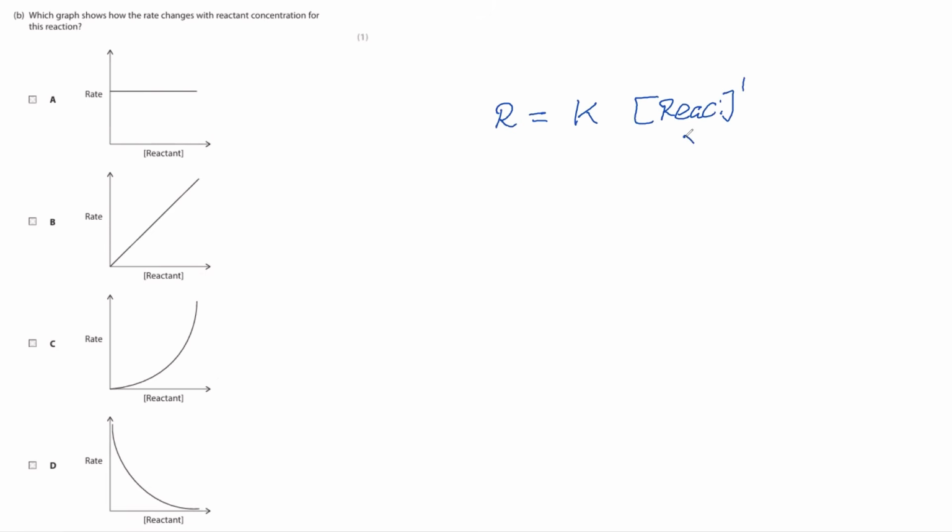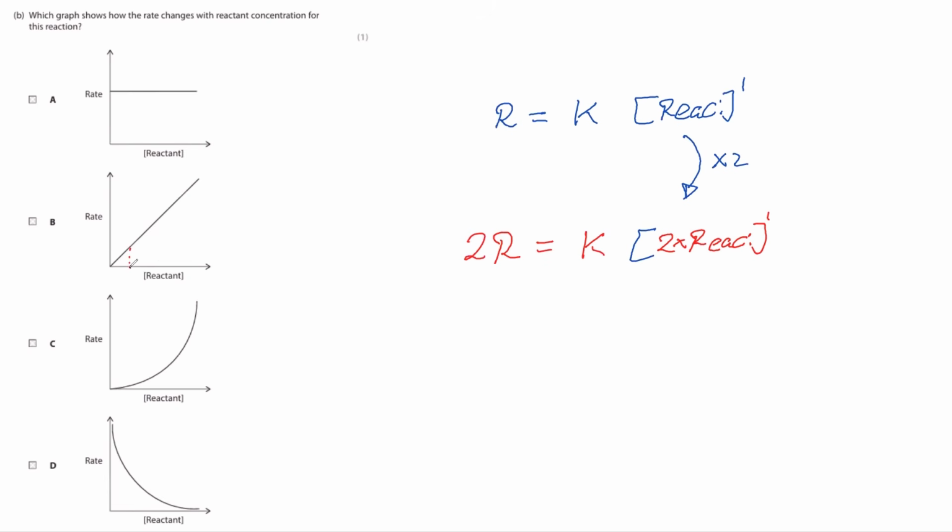What will happen if I double the concentration of reactants? Now I have 2C, the concentration multiplied by 2, so 2 to the power 1. Since the rate constant is constant, this side also doubles, so it becomes 2R. When the concentration doubles, the rate also doubles.